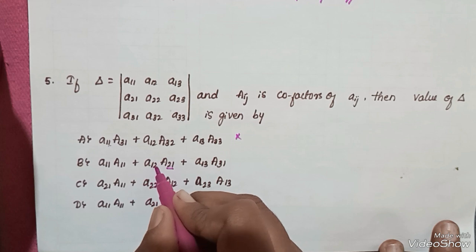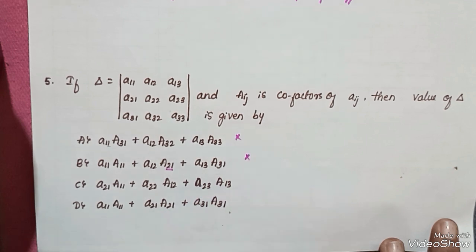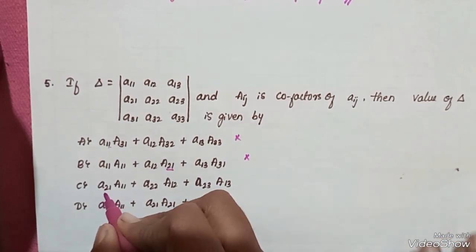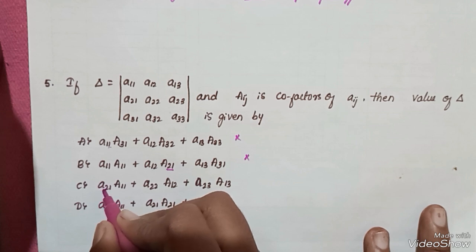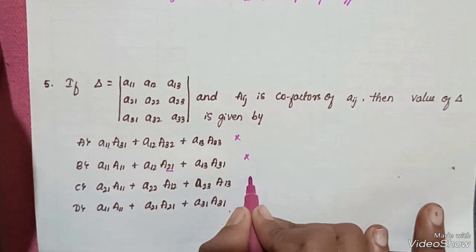Here the element a12 is there, so the corresponding cofactor is 1 2, but they gave 1 2 1, that's why this is also not correct. Here the option is wrong, because the element is 2 1 and they gave the cofactor 1 1; it is wrong.